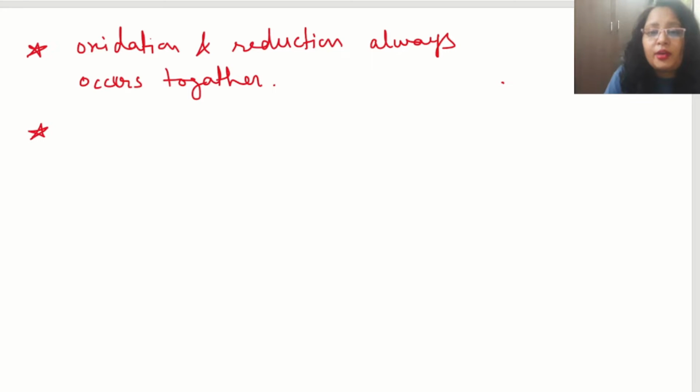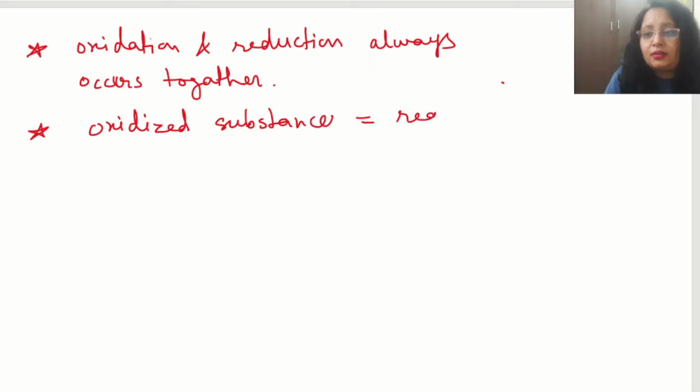The one more point that is to be noted is the substance which is oxidized is a reducing agent. So, oxidized substance is our reducing agent.